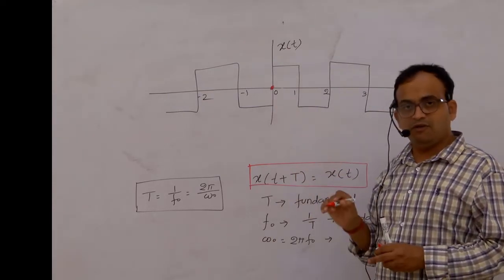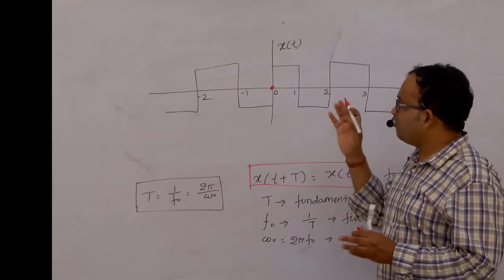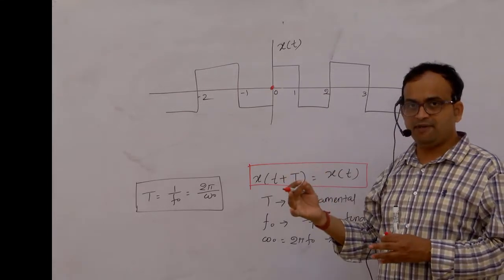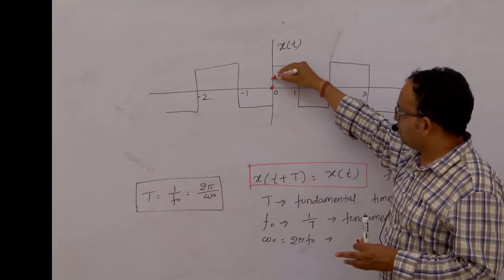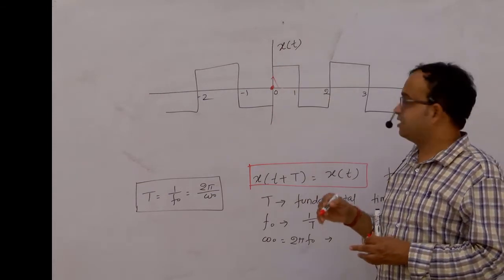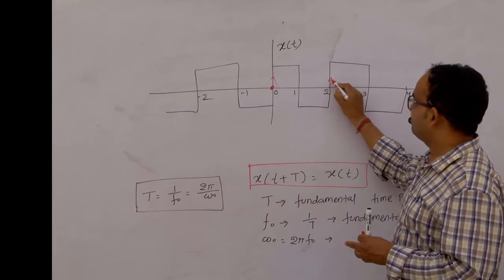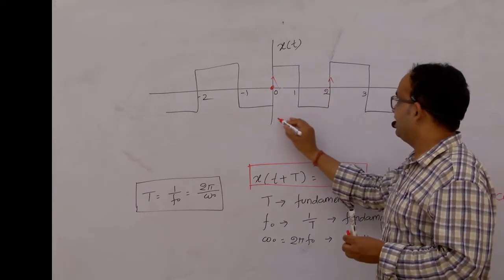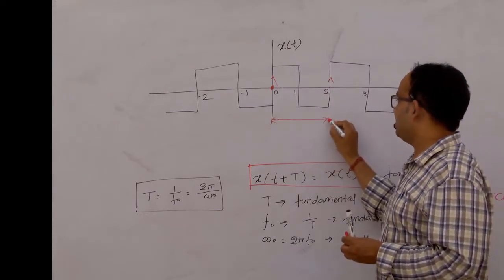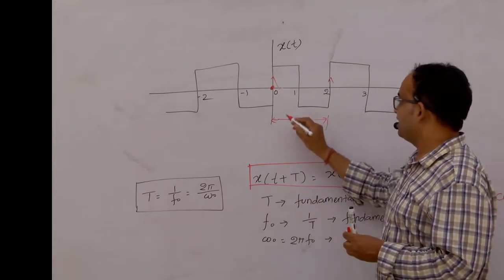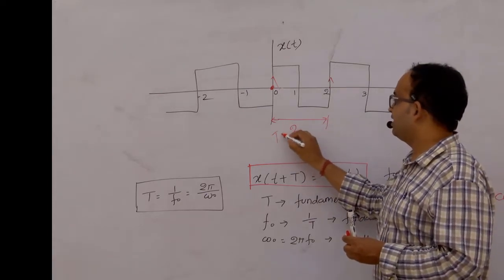Now you have to see after how many instants the same value is repeated. This is the positive going wave. After 0, after 2, again the same thing we are getting. So from this to this is known as the periodicity. So the periodicity will be 2. We can write capital T equal to 2.